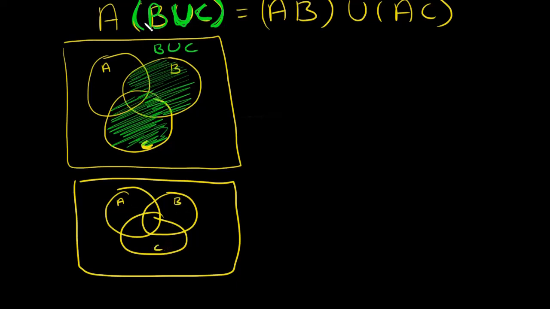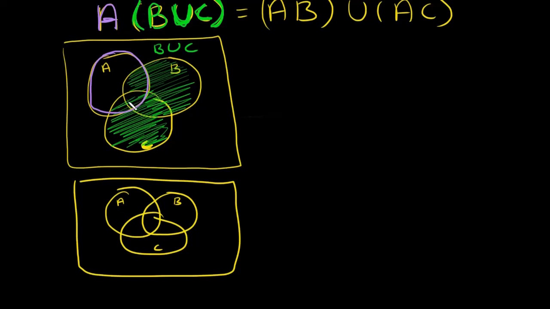All right, so A, B, and C are still here, and now I'm looking for where these intersect. I'll use purple. I'm looking for the intersection between A and B union C, in other words, where A and the green part are, because remember, intersection means and.